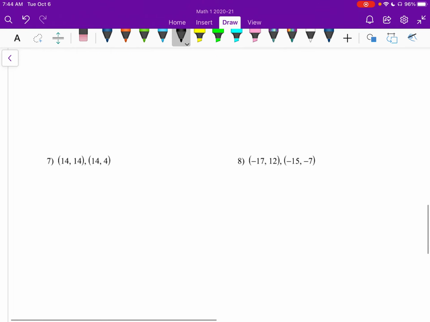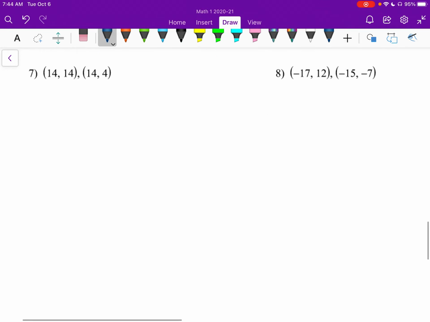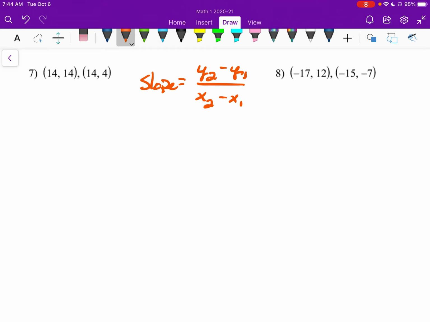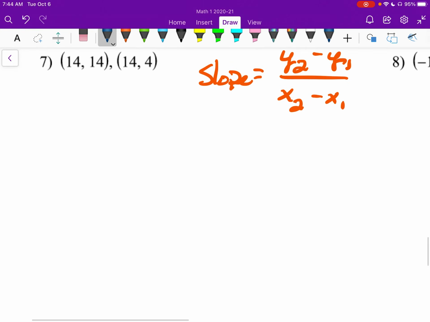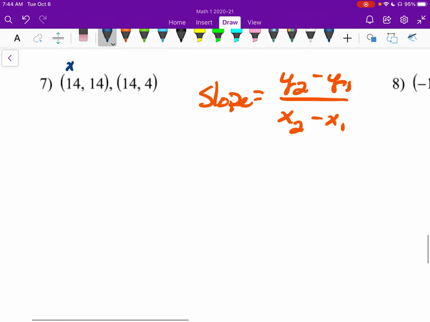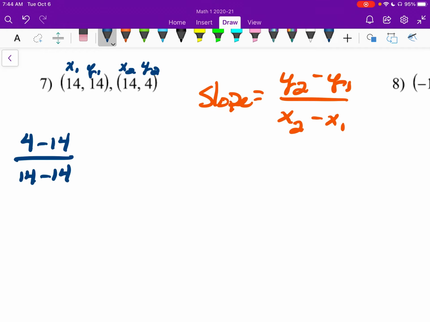All right, let's look at the next ones. So again, I'm just going to write my slope formula down. Slope equals y2 minus y1 over x2 minus x1. All right, let's look at number 7. I'll say x1, y1, x2, y2. So y2 minus y1, 4 minus 14, over 14 minus 14.